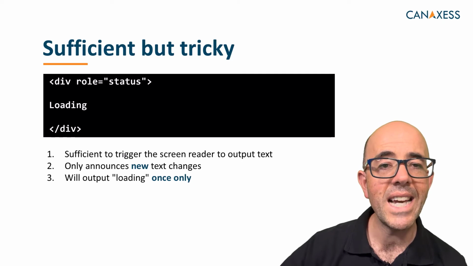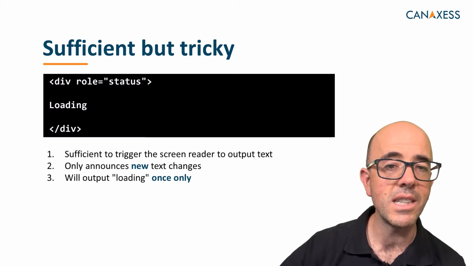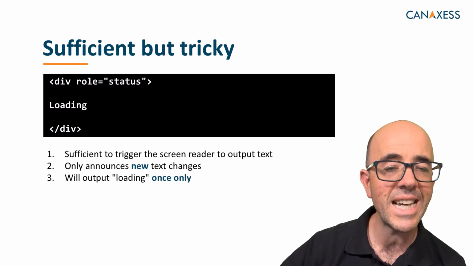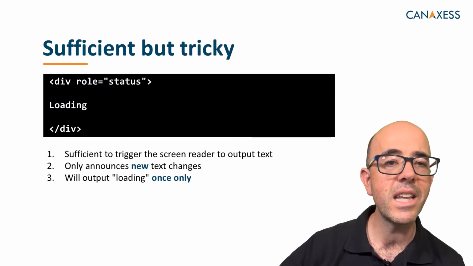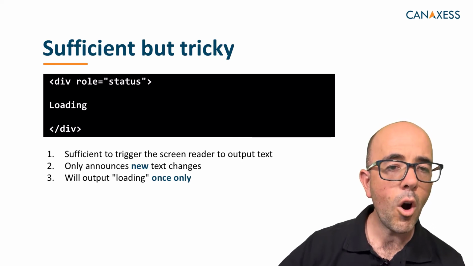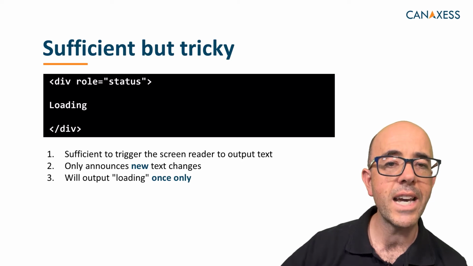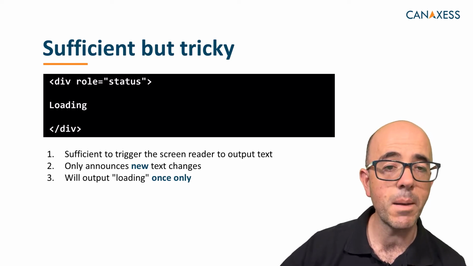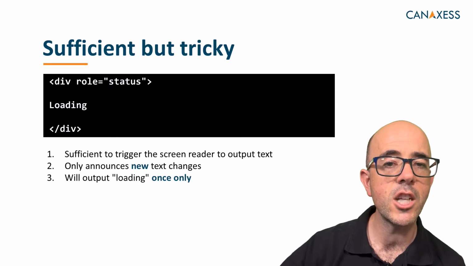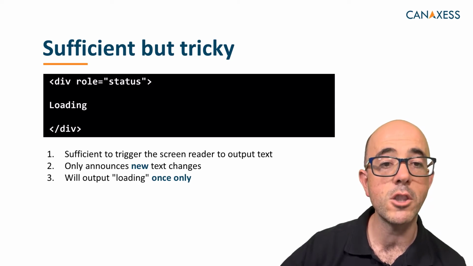However, if there is a delay in the content being loaded, it quickly becomes noticeable that a single outputted instance of loading is insufficient. Consider the case where a user may miss the initial output. What then remains is an unusual state where nothing is being announced, yet the screen activity is doing something or waiting on something. To address this, the text in the container needs to change to cause the screen reader to announce new content.